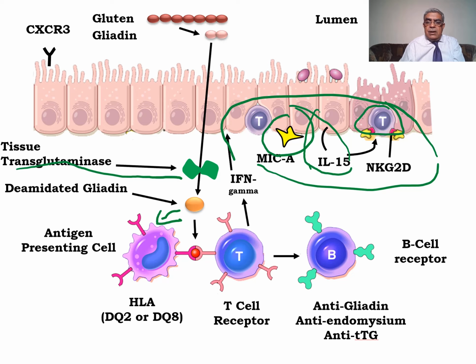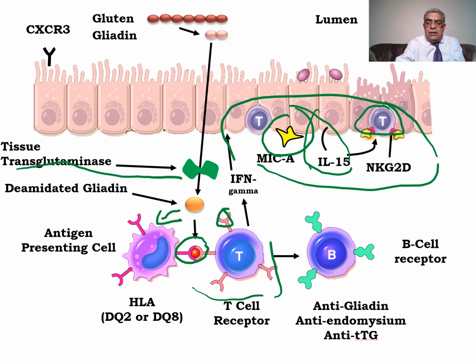With the result, they interact with T cell receptors. These are the T cell receptors, and they stimulate T cells to produce interferon gamma, and this results in further destruction of the enterocytes.